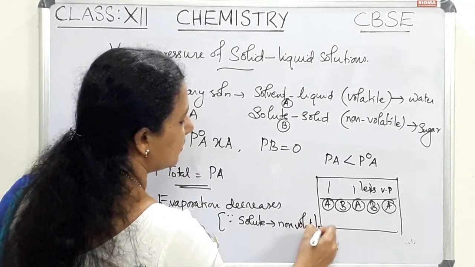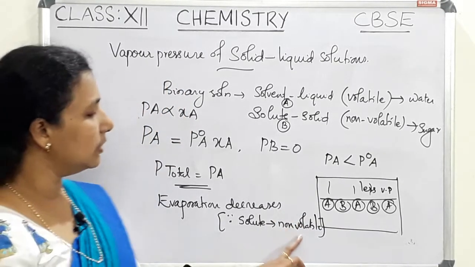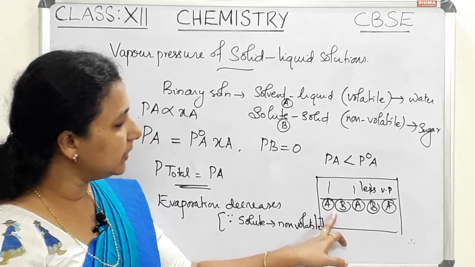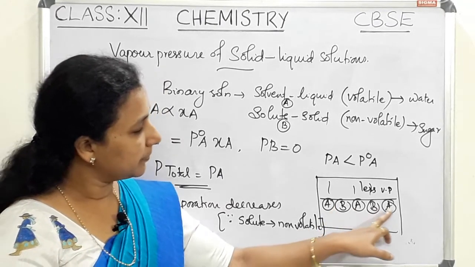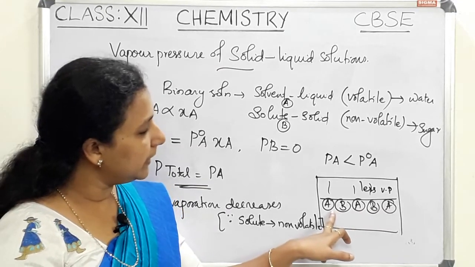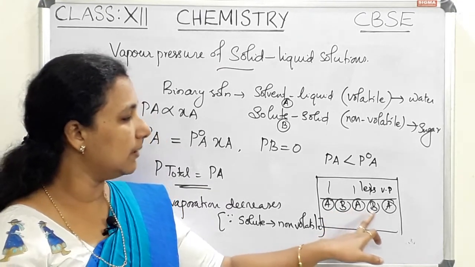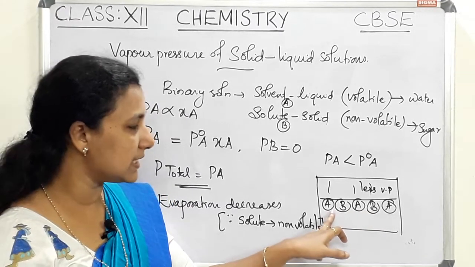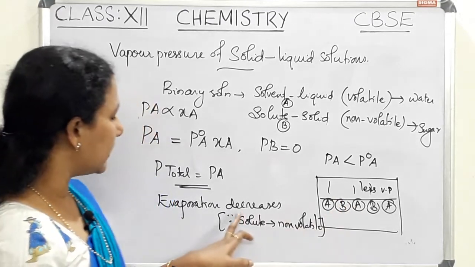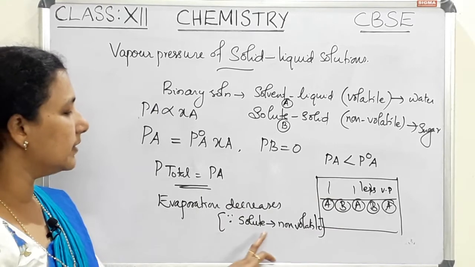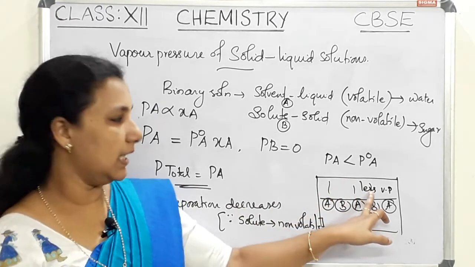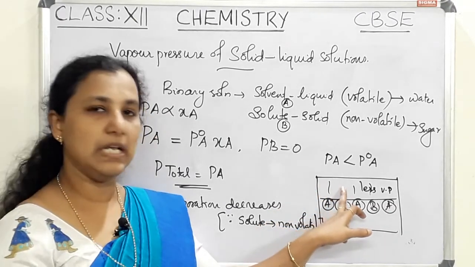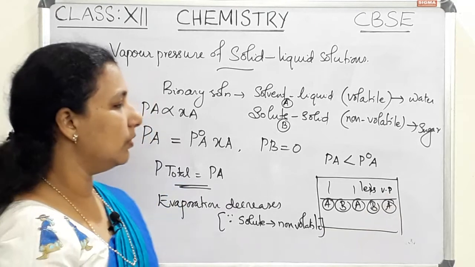If a non-volatile solute is present in the solution, some of the space of the surface will be occupied by the non-volatile component, and there is less space for component A. So for the volatile part there is less space. In that case vaporization or evaporation decreases, and the vapor pressure will be less. Due to less evaporation, or the formation of less vapors, the vapor pressure is also less.